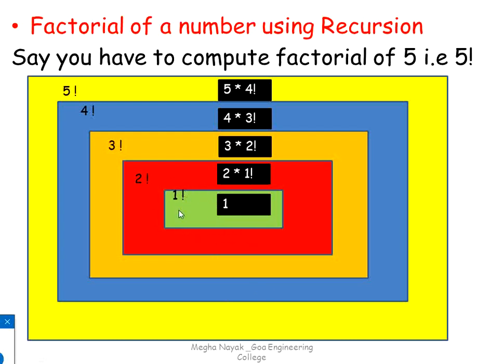The 1 factorial box has an answer which will help me evaluate the 2 factorial box. Once I evaluate the green and the red box, these two have the answers which will help me evaluate the 3 factorial box. Once these are opened up, it helps me evaluate 4 factorial, and so on and so forth.